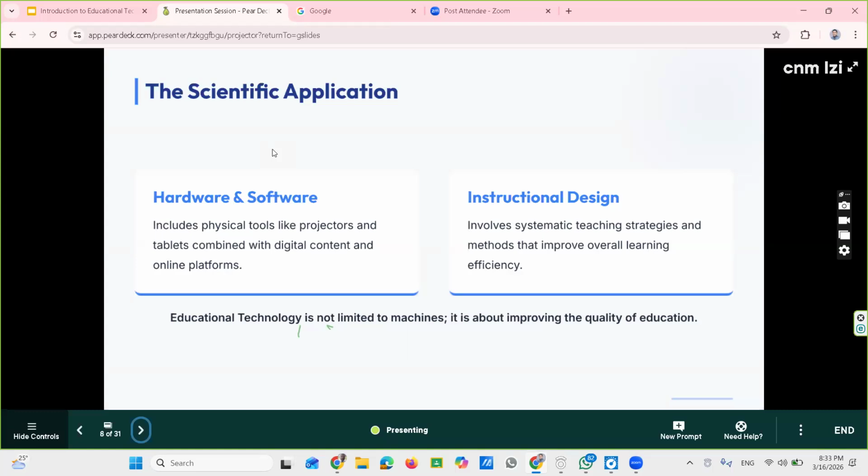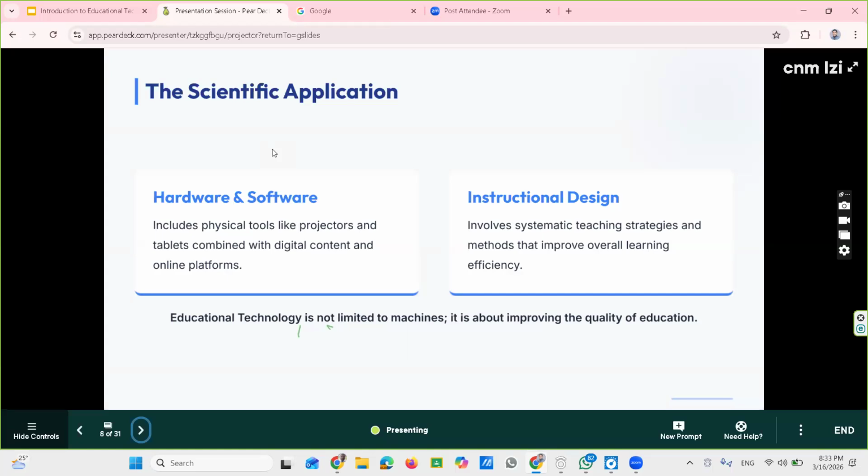Then read out the content there: include physical tools like projectors and tablets combined with digital content and online platforms. Here, giving some examples, especially for hardware, there are a few examples, and online platforms are software. Projectors and tablets are examples of hardware.